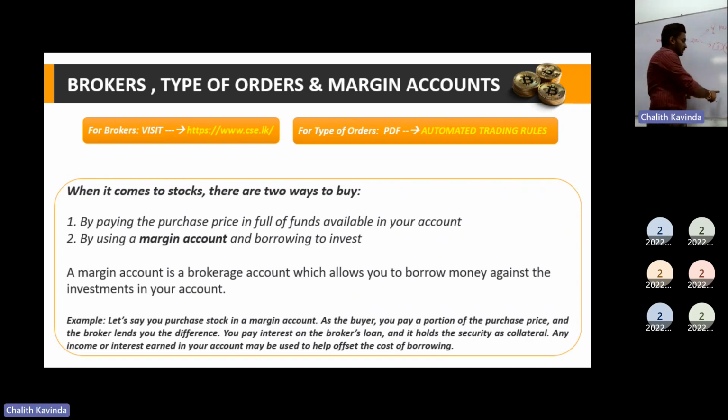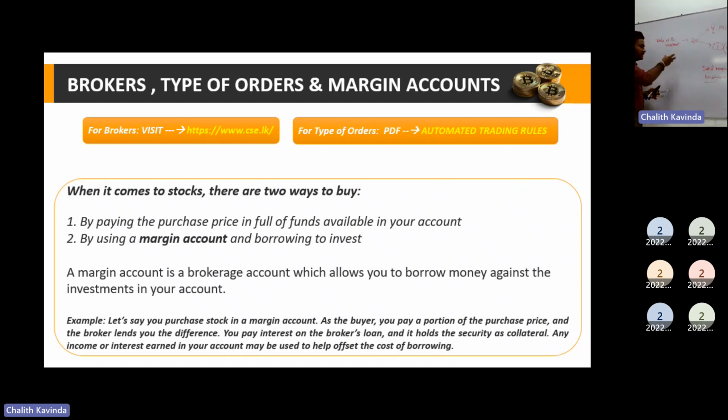Depending on the value of the security that you're having, they have two types of margin: the initial margin, as well as the maintenance margin. This is simply what margin trading is.